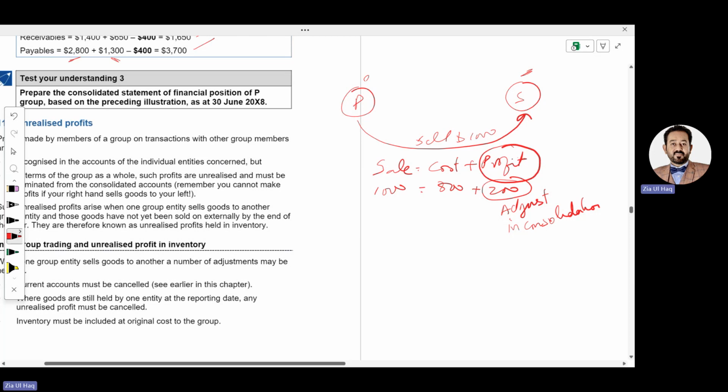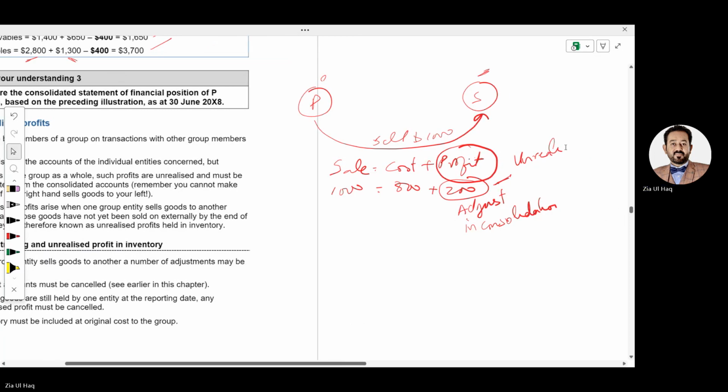If we sell goods outside the group, then that profit will be realized and we will record the profit. If any transaction is made within the group and there is any profit involved, that profit is called unrealized profit. In this, the profit is not generated. It's like we have put goods from one pocket to another pocket.